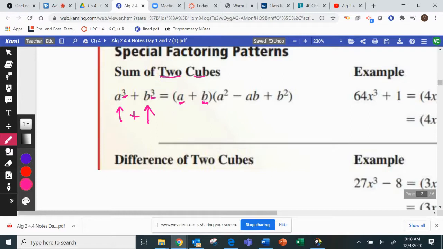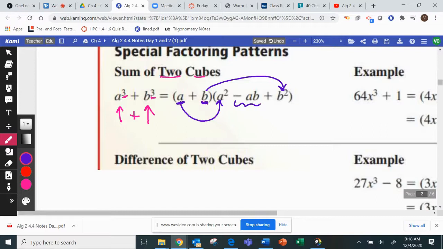The second parenthesis, whatever is in the first spot, I have to square it to put it in that spot. Whatever's in the second spot, I square it and put it in the last spot. The middle is you multiply the two together and subtract them. So once I get the first parenthesis, I get my second parenthesis from the first parenthesis.